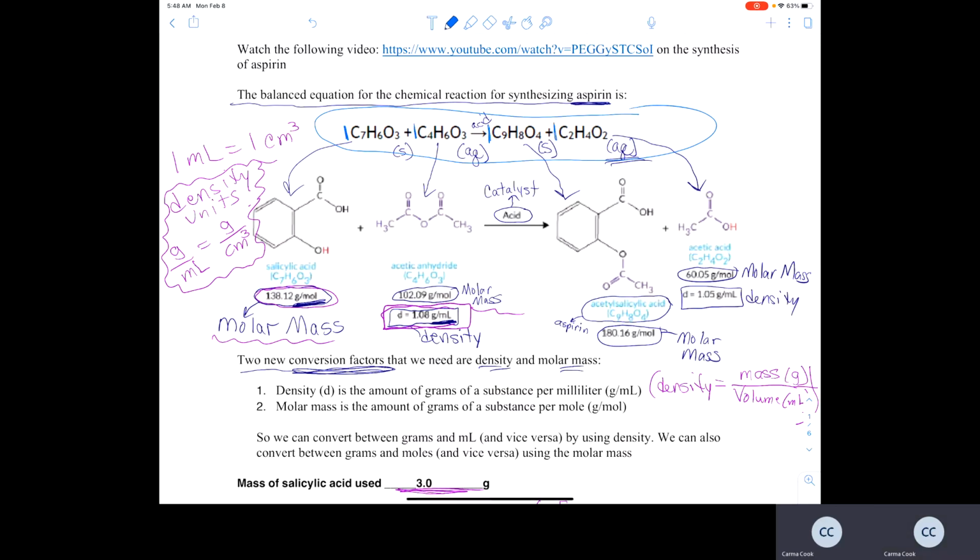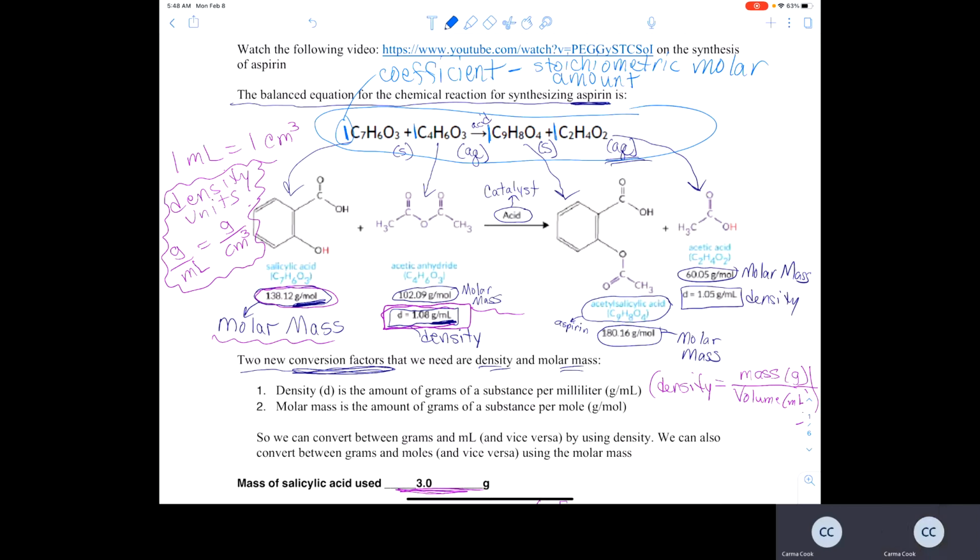So what our balanced chemical reaction is saying is that the coefficient represents the stoichiometric molar amounts of each reactant and product. So it's a relative amount of each reactant and product that's in your balanced chemical reaction.